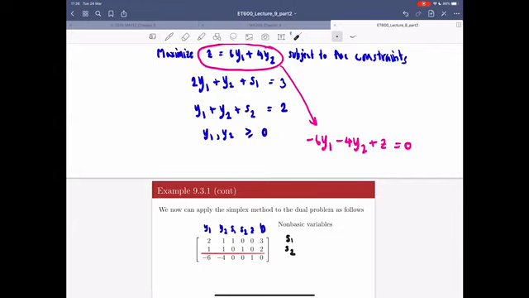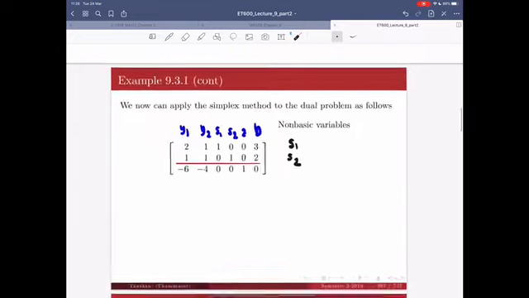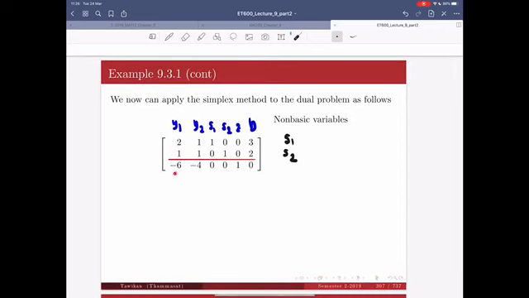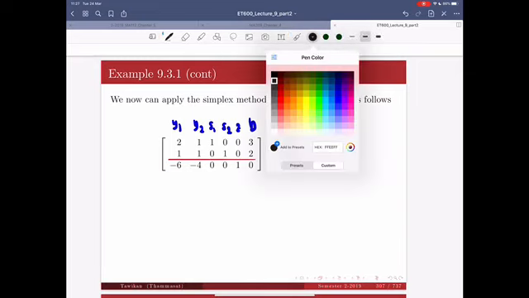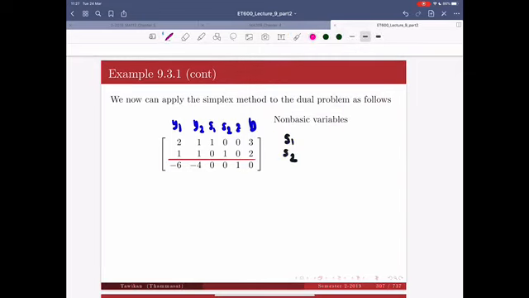And next, we're going to determine the entering variable and the departing variable by looking at the last row, or the bottom row, of your initial tableau. The most negative entry is -6. By seeing that the most negative entry is -6, the entering variable is y1.